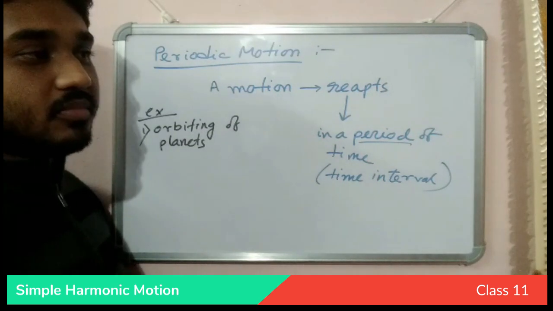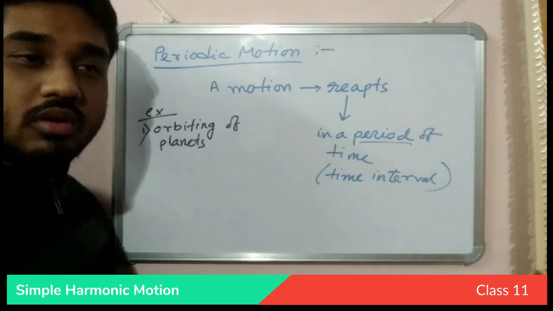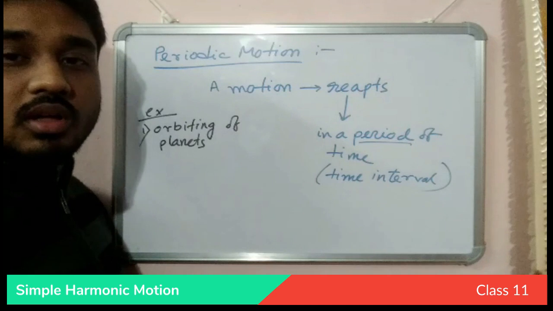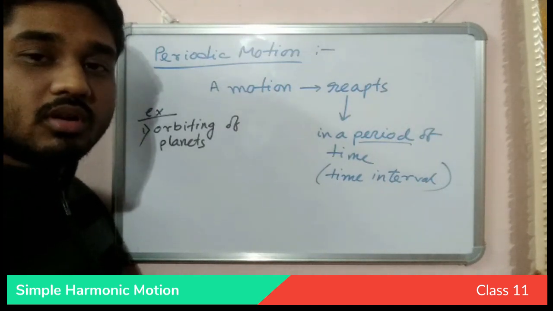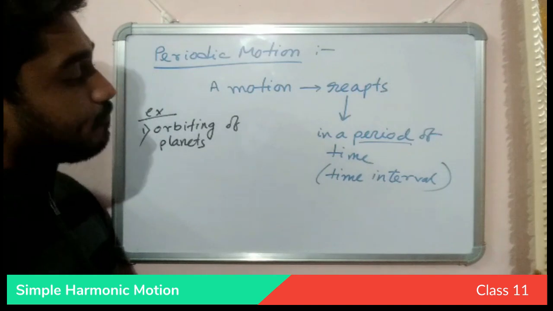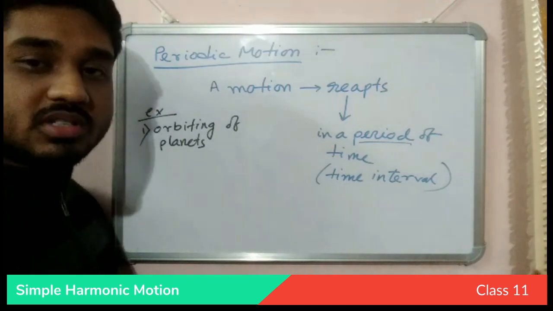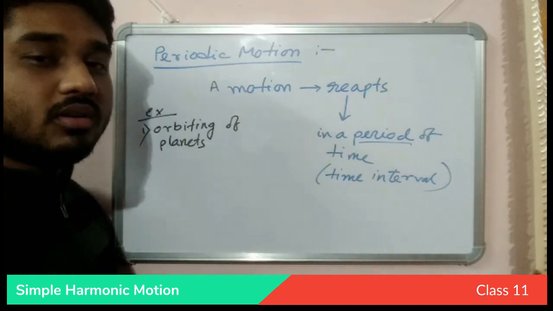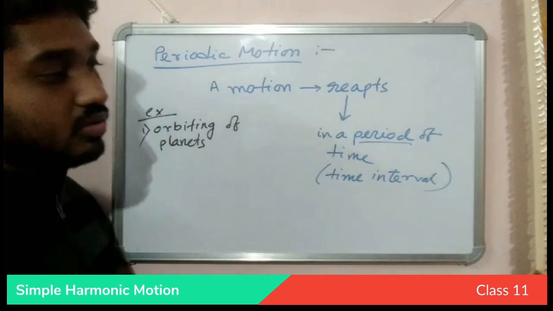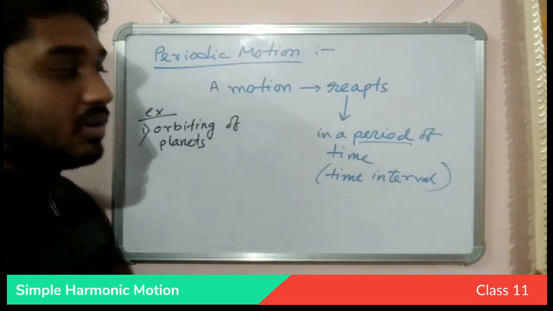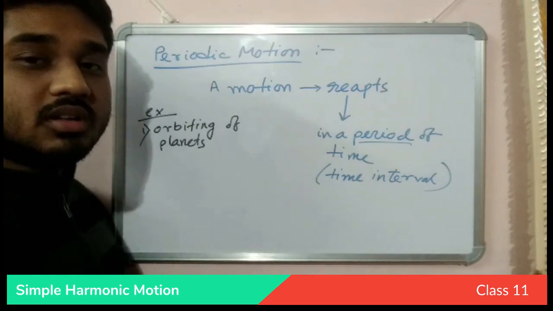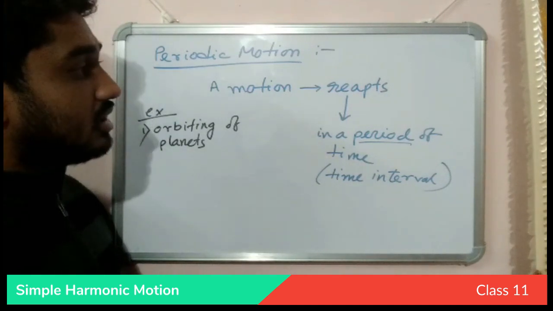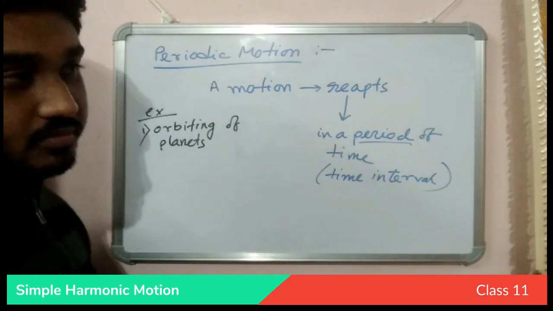If there are 24 hours in a day, we can assume 12 hours is day and 12 hours is night. So after every 12 hours there is day, and after every 12 hours there is night. So after the same time the motion is repeatedly occurring, so it is a periodic motion.